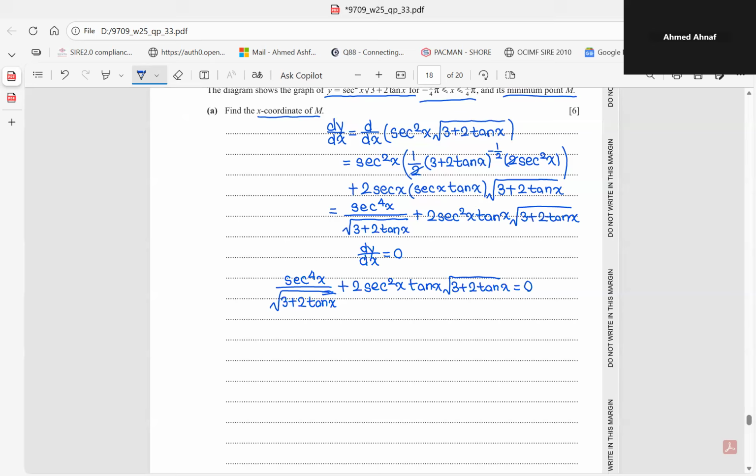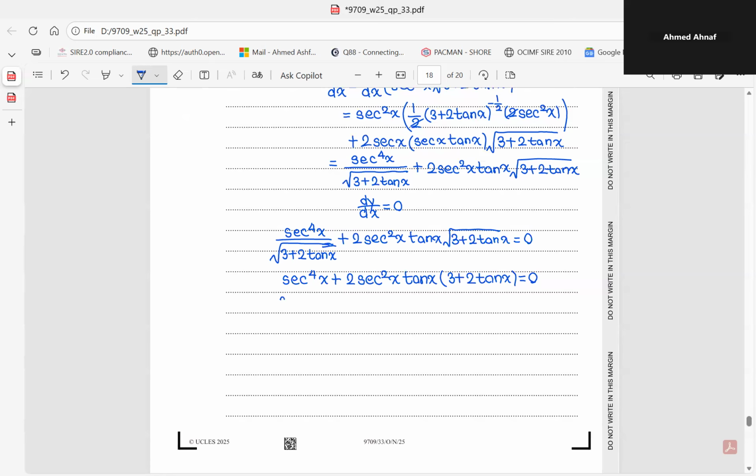Okay, so to get rid of this square root here, we can just multiply both sides of the equation by this denominator so that we get rid of the denominator and the square root. So doing that, we get secant 4 x plus 2 secant square x tangent x times 3 plus 2 tangent x equals 0.